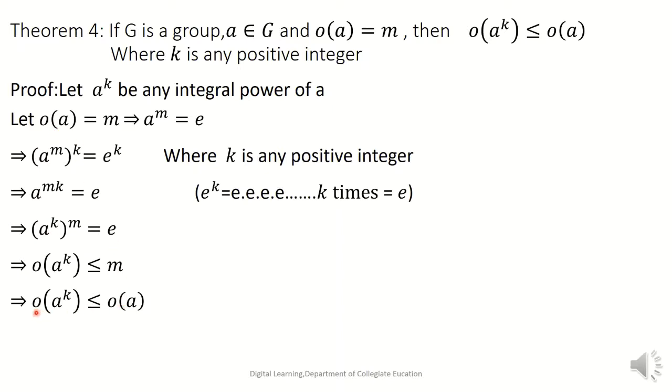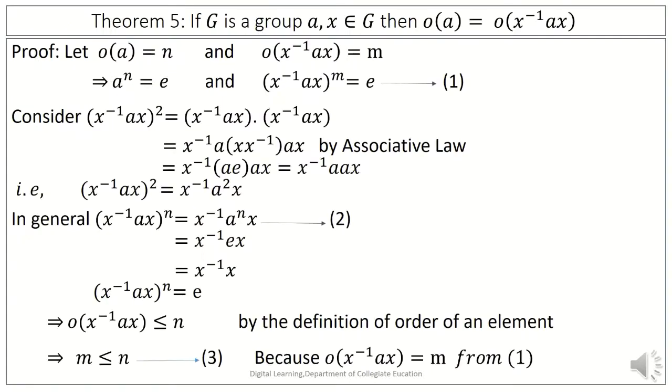Therefore, the order of A power k is always less than or equal to the order of A. This is the proof of this theorem. That means the order of any integral power of an element A of a group cannot exceed the order of A. Let us move on to the next theorem.